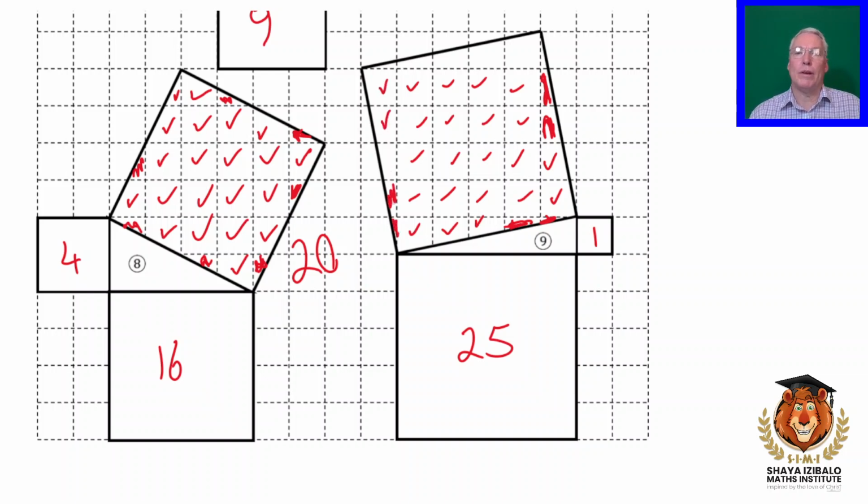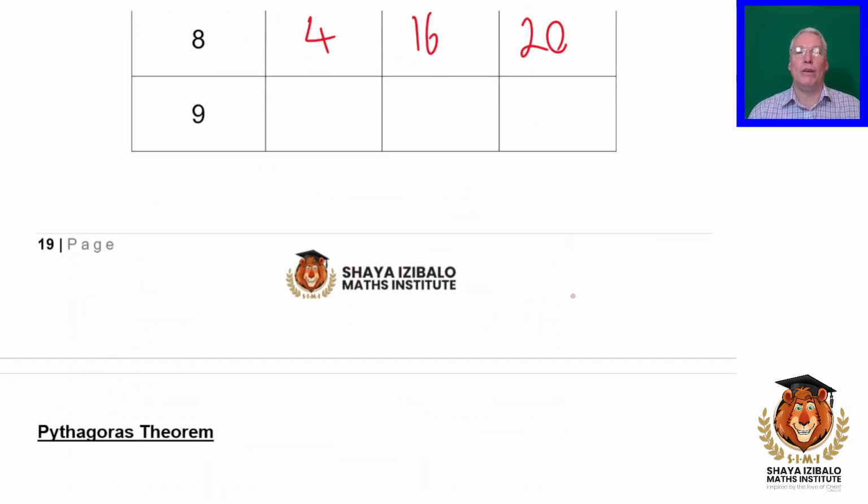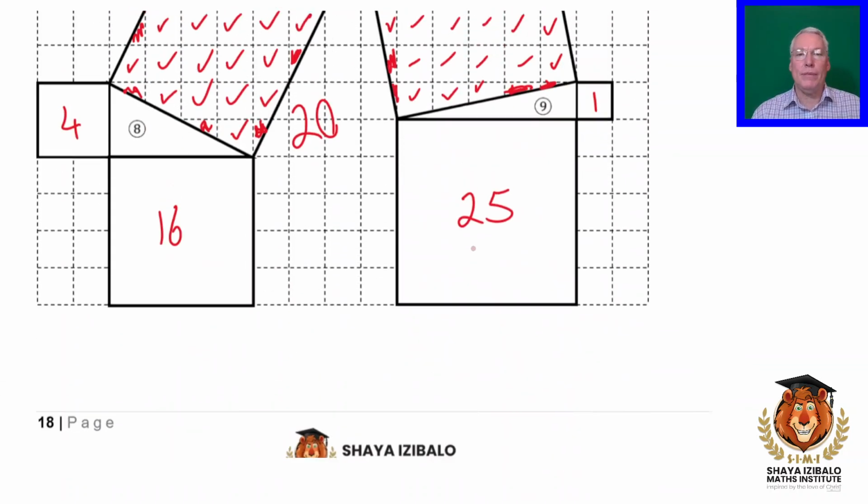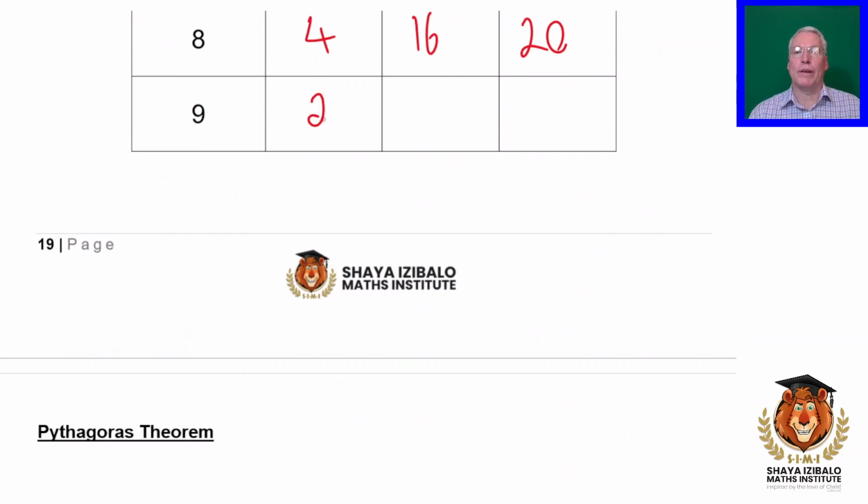This with that piece, 22. This with I think that piece, 23. This with that piece, 24. I think I'm missing one somewhere. We should get 26 if we do it carefully. So 25 and 1, 26.